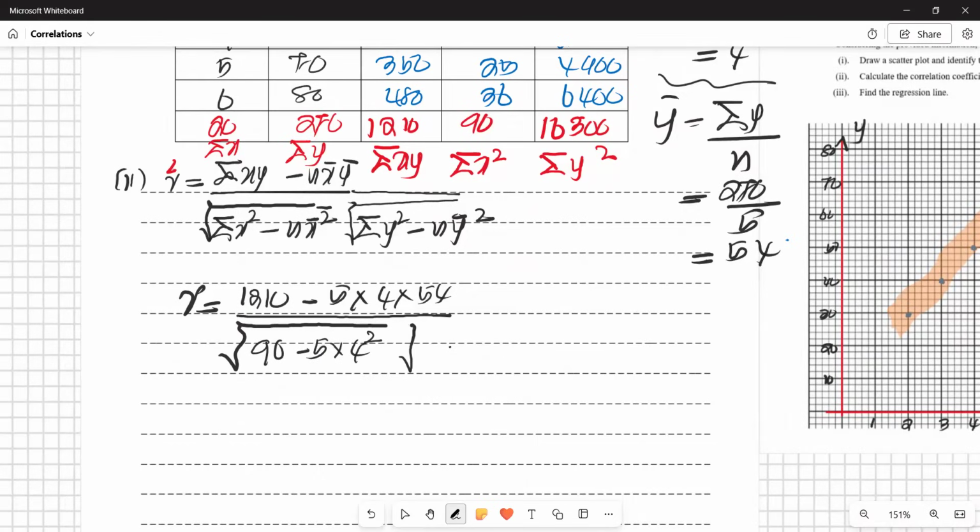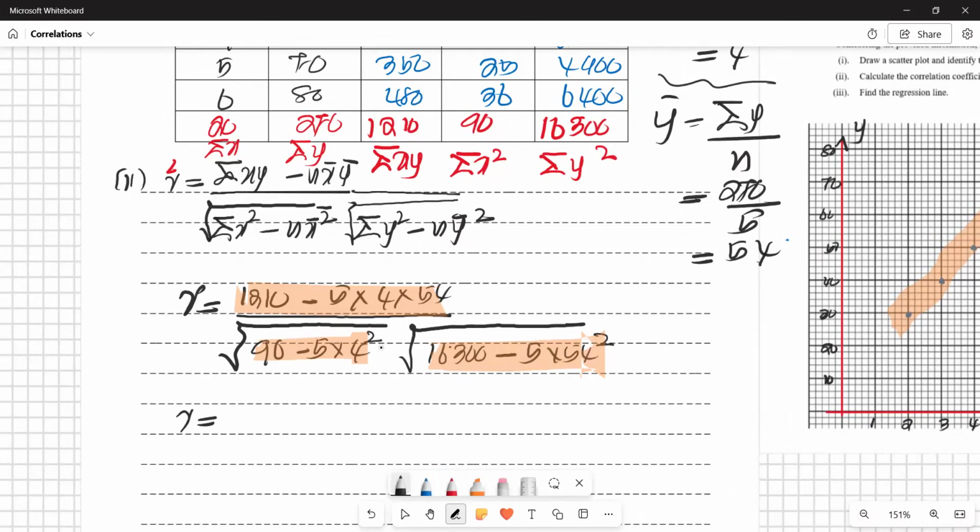Second square root side: sigma y squared, 16,300 minus 5 times 54 to the power 2. Do this one separately, part by part, without the roots together.